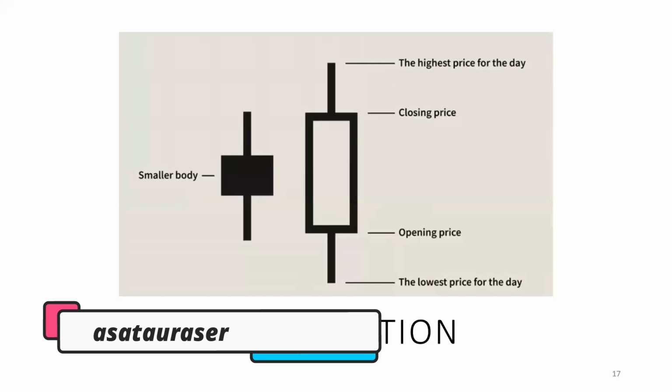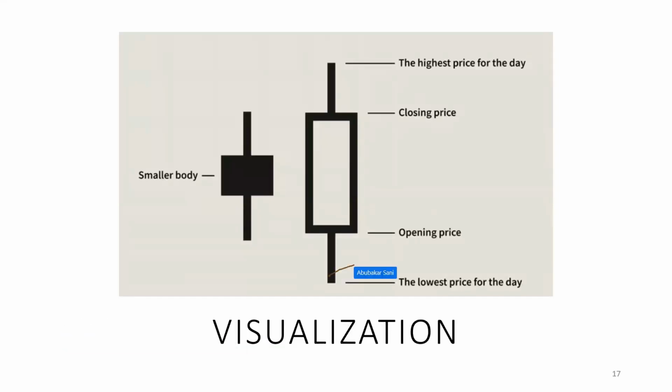we try to see two candlesticks. Let's say this is the current candlestick and this is the previous candlestick. Once we have this immediate past candlestick and its predecessor, we can see if there is a pattern between these two.